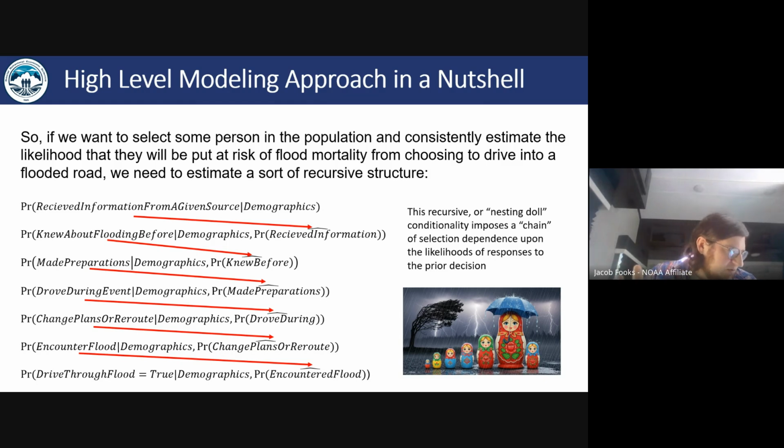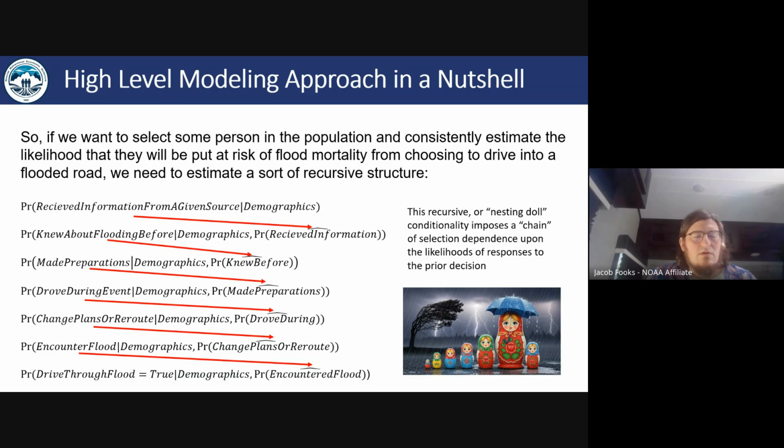So we have a given person. We want to classify their risk. The way we end up doing this is, the drive-through flood is our final outcome that we're interested in, but that becomes conditional on the likelihood that they encountered a flooded road, right? So before we estimate this, we need to estimate the likelihood that they encountered a flooded road. And once we can estimate the propensity for that, we can have this be one of the inputs of the final step.